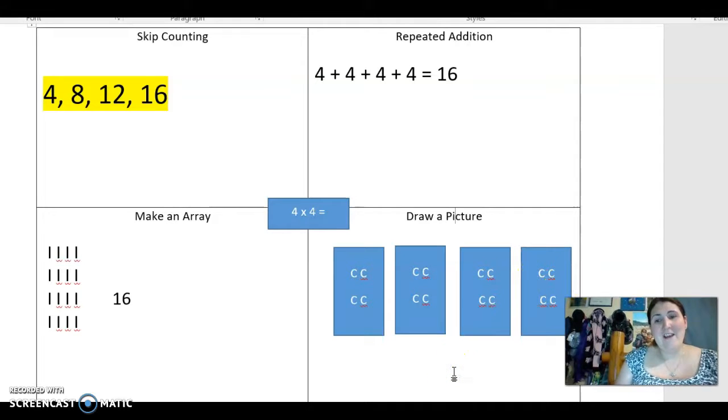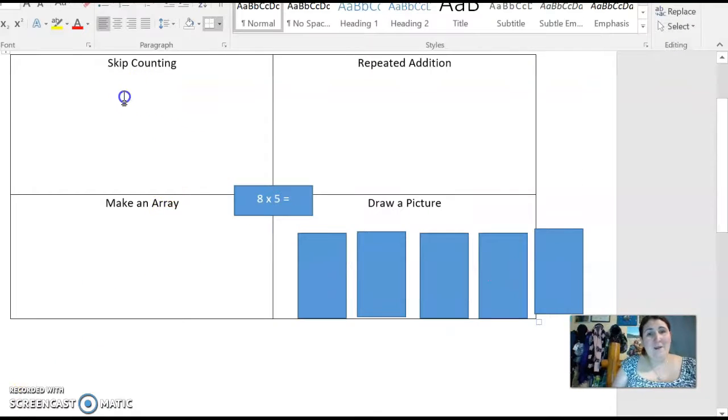So we also got 16 when we drew a picture. So we solved 4 times 4 using 4 different methods, which included skip counting, repeated addition, making an array, and drawing a picture.